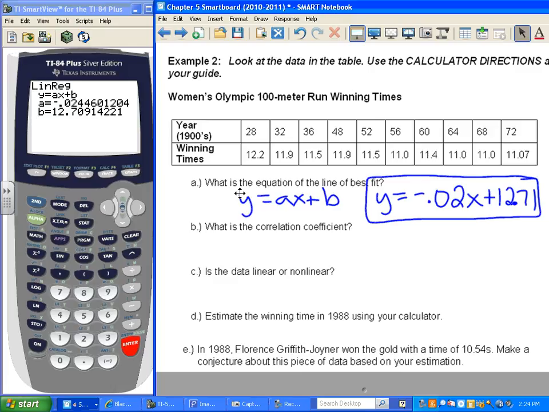What does the y-intercept mean in this problem? I might ask you this kind of stuff on Friday. I know this is so exciting, but you guys should all know that. Well, what year? What's the first year they gave us? Okay, so we're thinking that might be the first year.